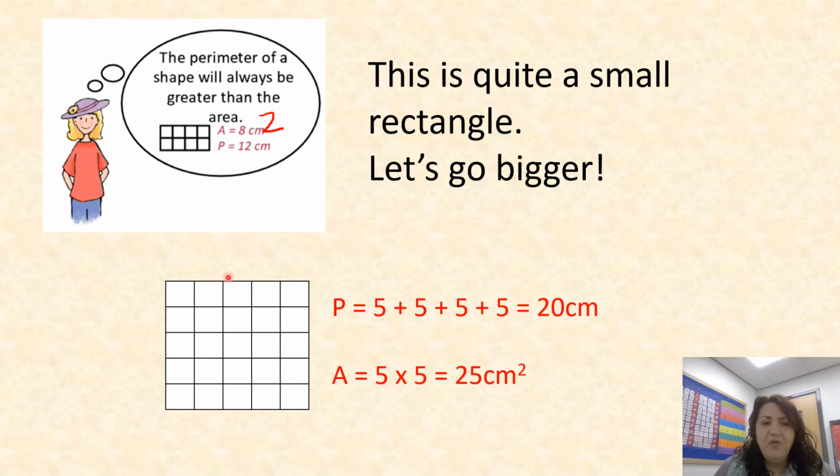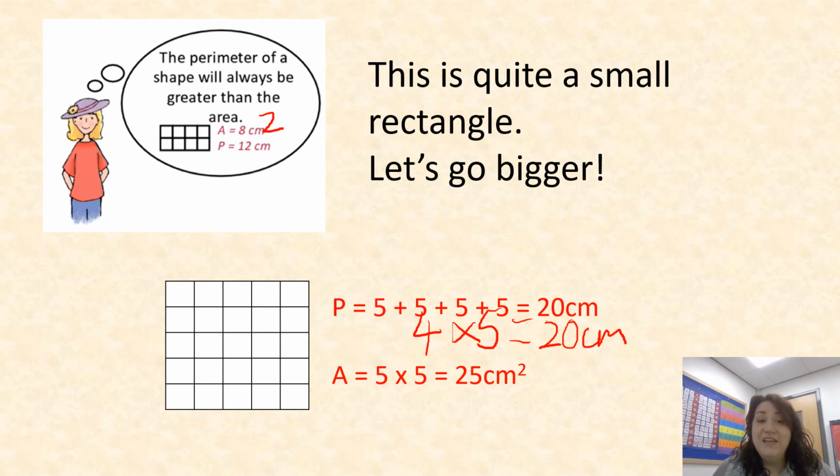And I worked out my perimeter would be 5, add 5, add 5, add 5, 4 times 5. So here I've written that out, 5 add 5 add 5 add 5, or I could say 4 times 5, and that has given me a perimeter of 20 centimetres.